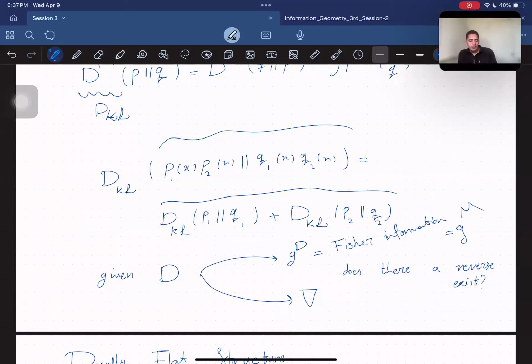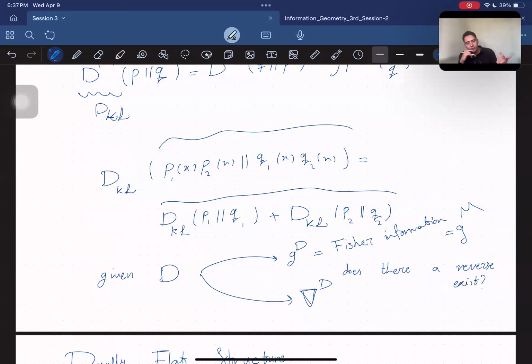But this is not the case for the connection. The affine connection changes as you change your divergence. So we had a number of connections, especially exponential connection and mixture family connection.